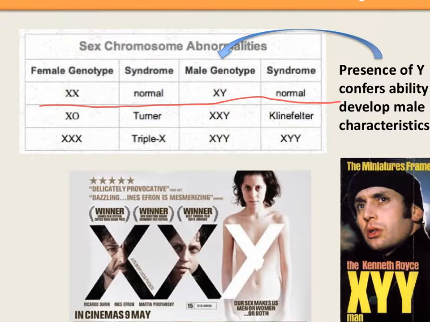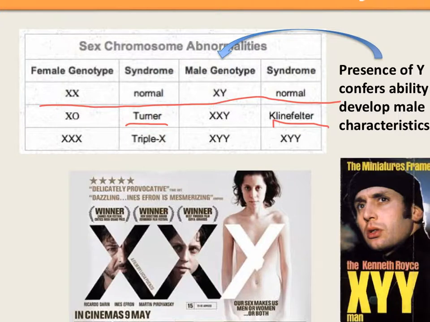Now, if a female has an XO, is considered just one chromosome, then they have what's called Turner syndrome. For the male, if they have an extra X, so it's XXY, they have something called Klinefelter syndrome.